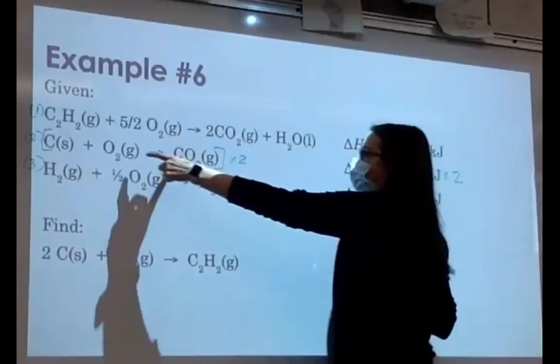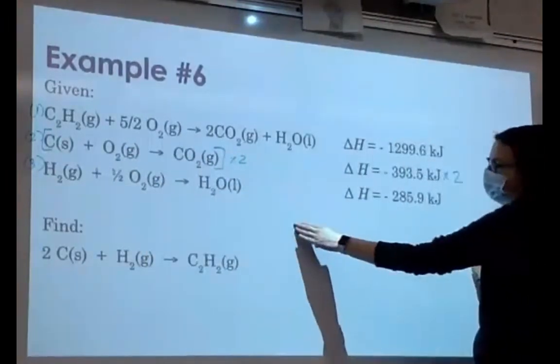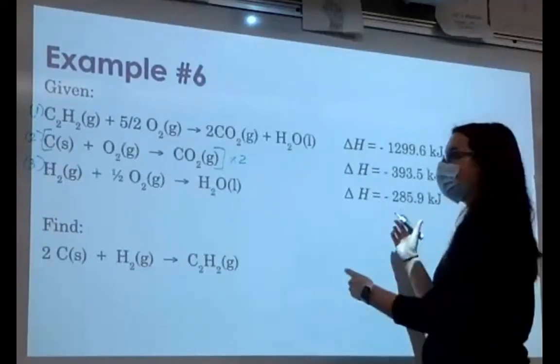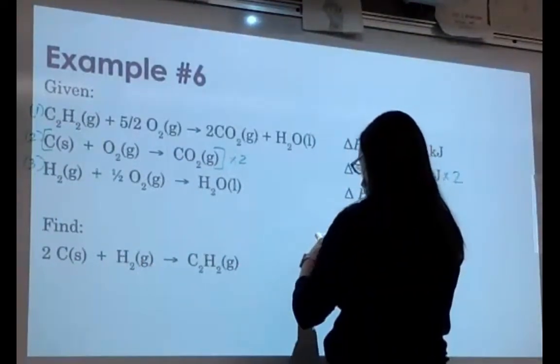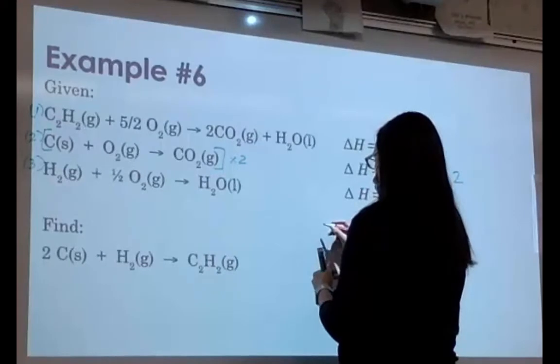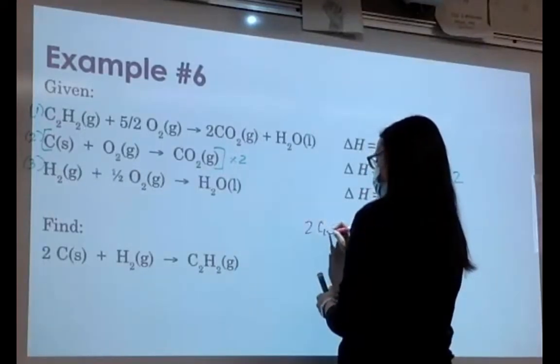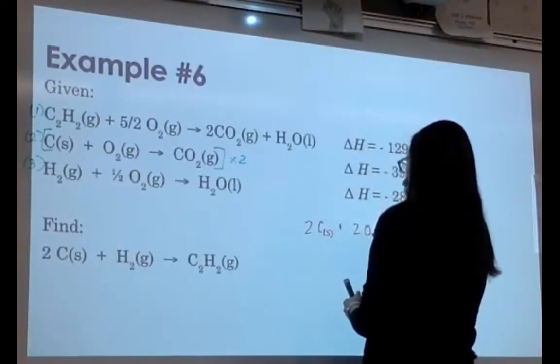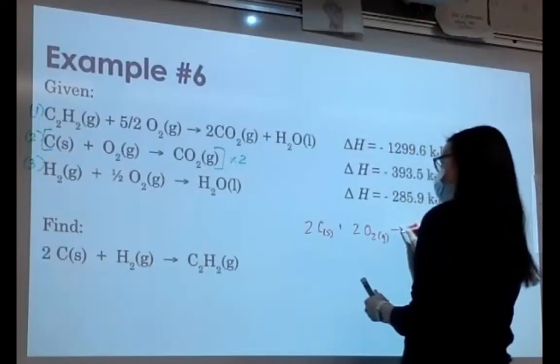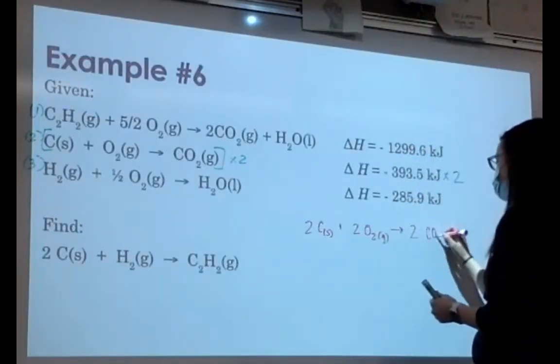So I'm going to now rewrite this over here off to the side so you can see how I cancel and how I add everything up. I need to put it in a different color. So I'm going to have 2 carbon plus 2 O2 yields 2 CO2.